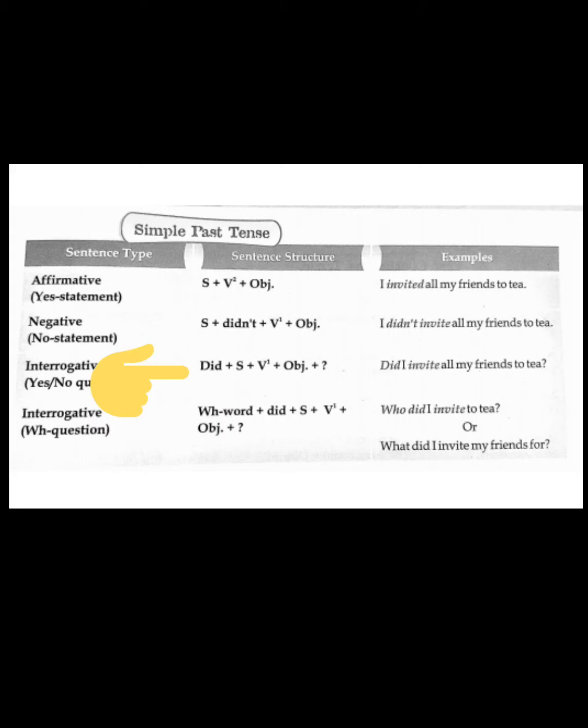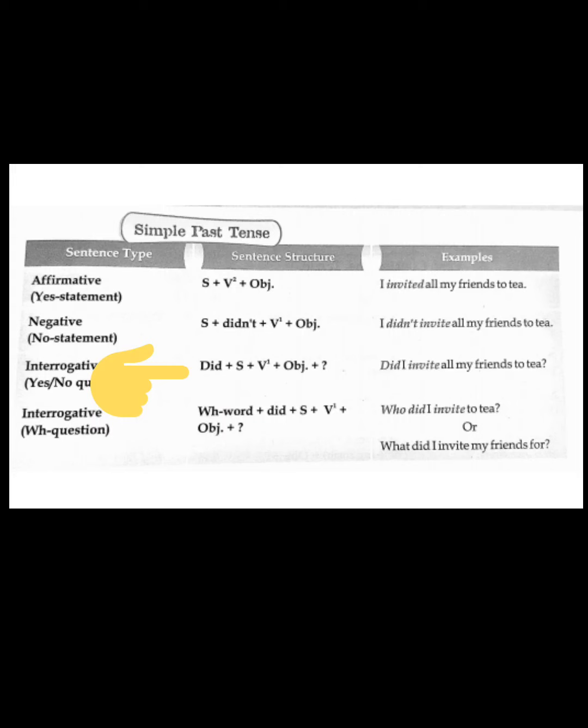Can you see? WH word will come at the first position. Who did I invite to tea? Or we can also frame it like this. What did I invite my friends for? Obviously for tea. So, in this way, I can frame the question. I hope it is clear.